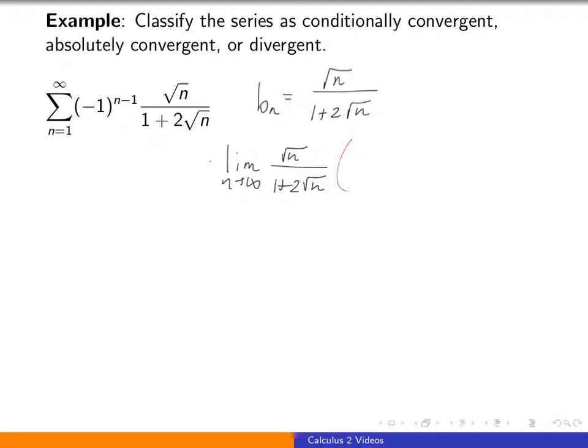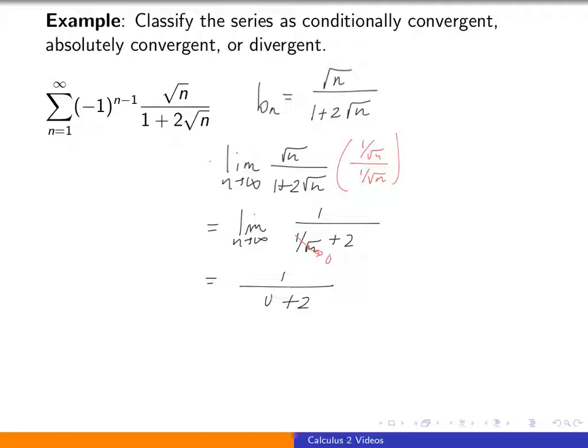That extra step of work would be to multiply by 1 over square root n, divided by 1 over square root n. So in this case, you would have the limit as n goes to infinity of 1 over 1 divided by root n plus 2. The limit of a constant is that constant, and as n goes to infinity, that 1 over root n goes to 0.